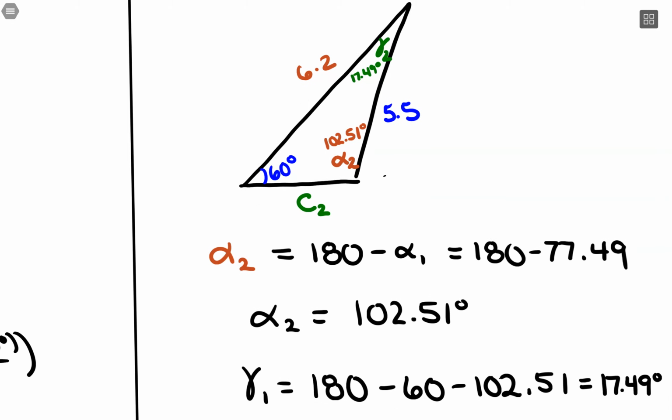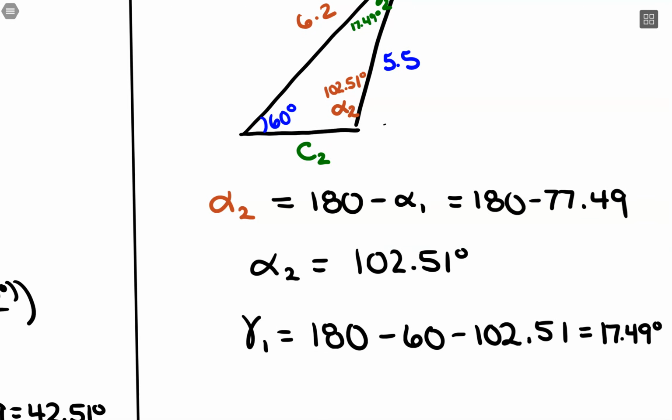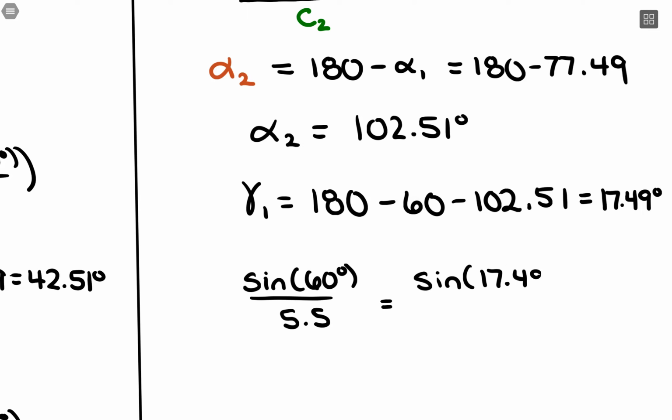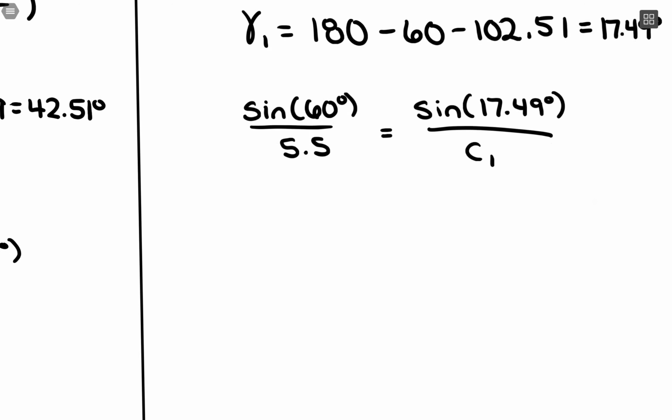All right. It's not too bad to get the angles, but then we do need to use law of sines once to get C2. So I'm going to use that sine of 60 degrees divided by 5.5 is equal to sine of gamma over C. And then just solving for C, so cross multiply, then divide.